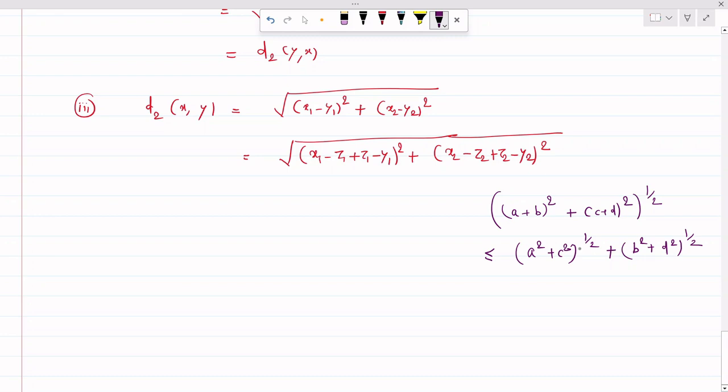We'll use this here. So this will be a, this will be b, this will be c, and this will be d.